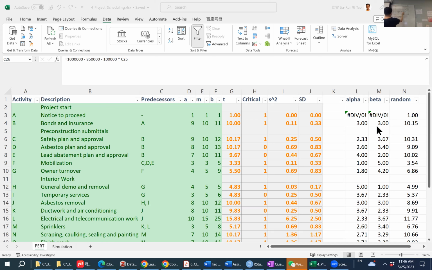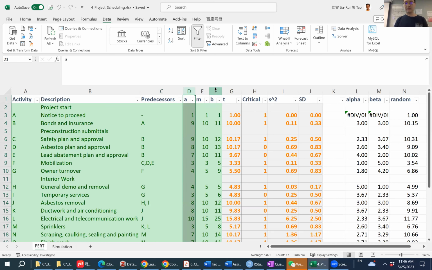And using this formula here, I also calculated alpha and beta. These are the parameters for the beta distribution. So using these parameters, we have everything that's necessary to define a beta distribution. Those are in the columns of A, B, and alpha and beta.